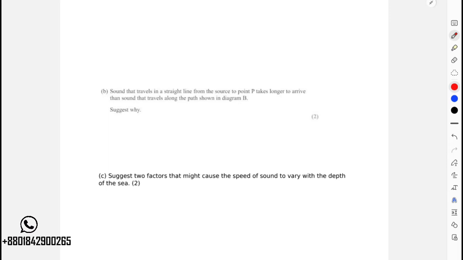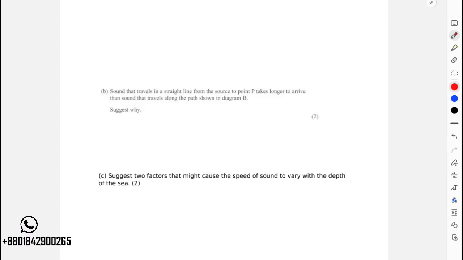This is one of the procedures: during reflection speed increases, right? We saw that from 900 to 700 speed increases. So if speed increases, even though they were traveling a larger distance, the reflective pathway was actually a larger distance, but at a higher speed it can travel a larger distance in a smaller time.